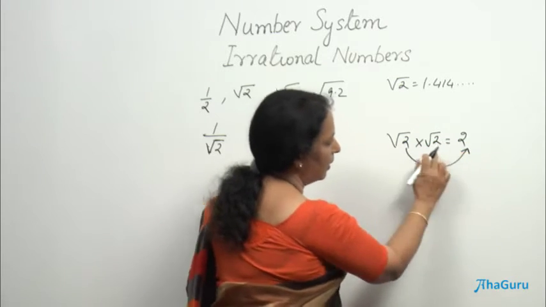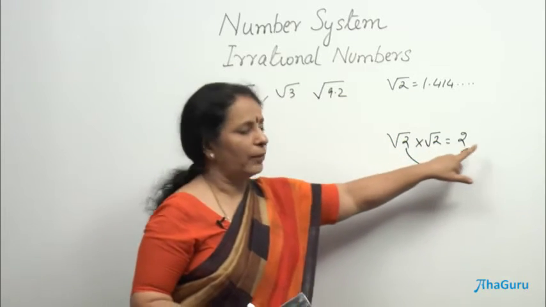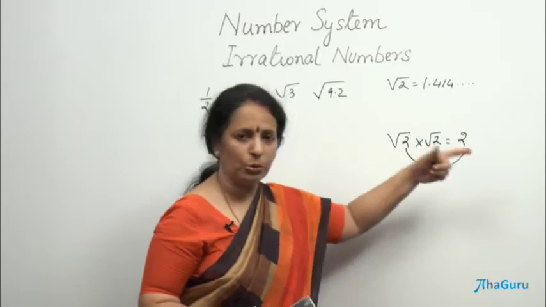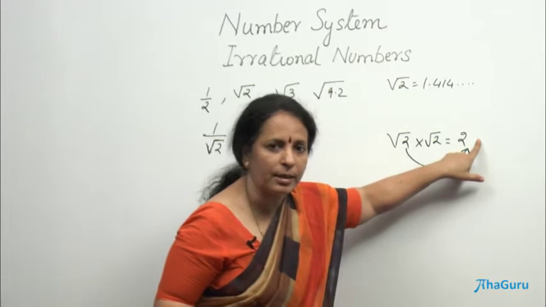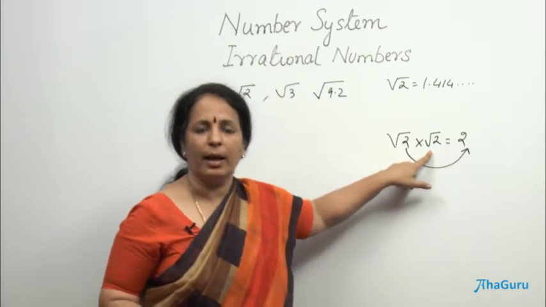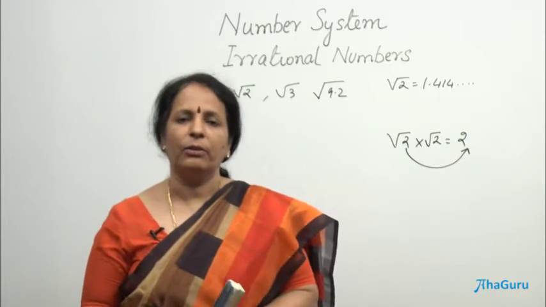Root 2 into root 2 is root 4, which is again 2. So, root 2 has been rationalized by multiplying with another irrational number, and this is known as the rationalization factor.